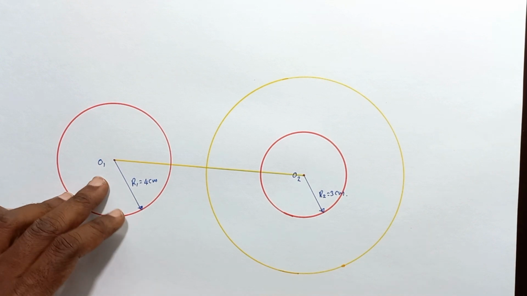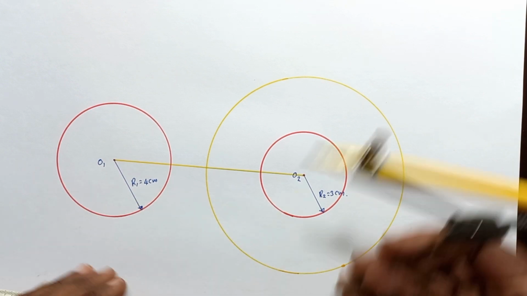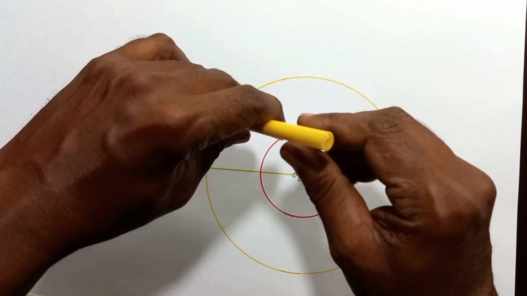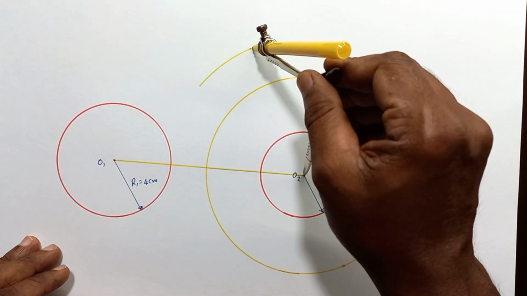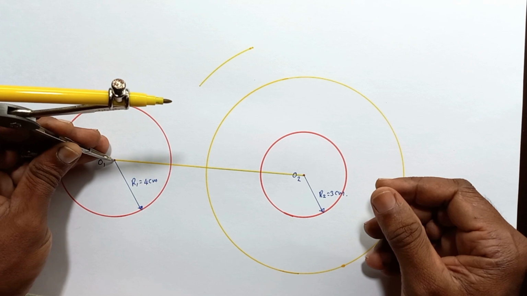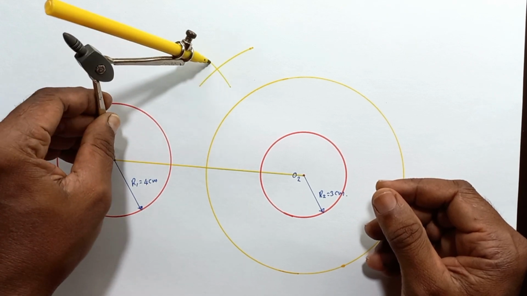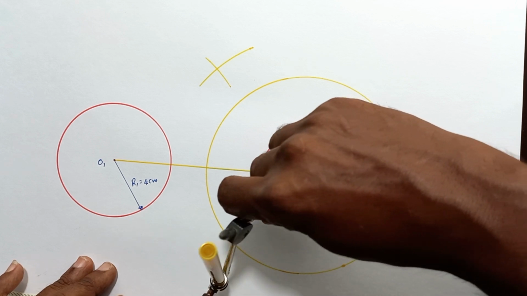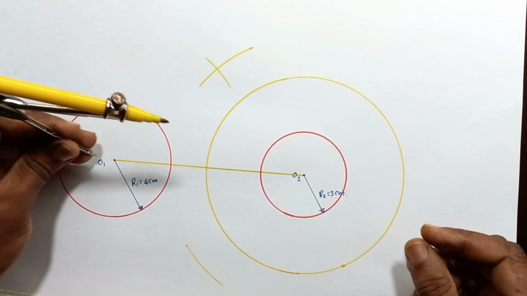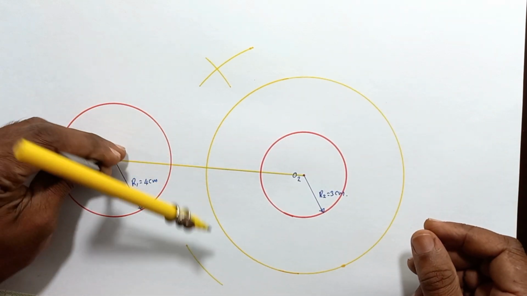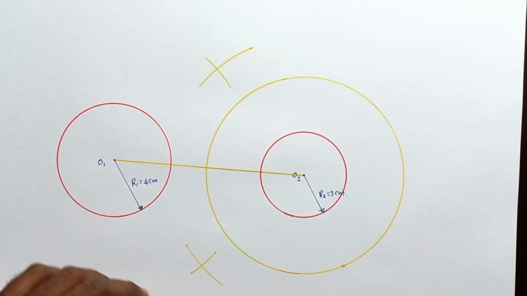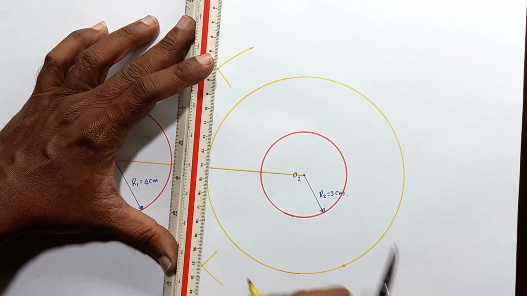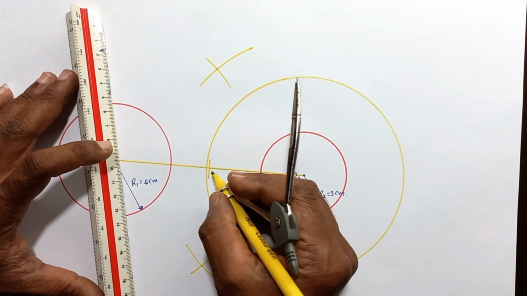Then next you have to bisect this O1 and O2. This is the middle point.